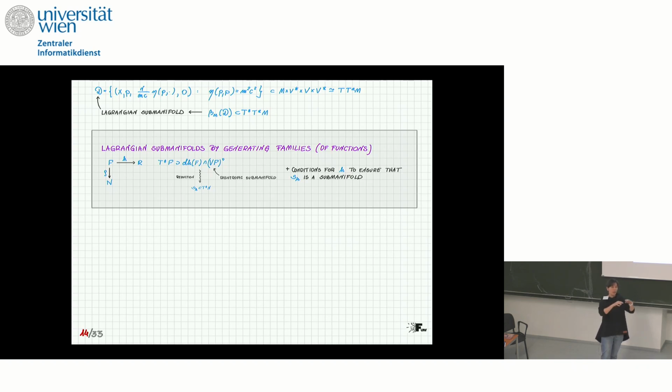So if we have one image of one form and the other image of the other form, and we want to generate this simultaneously, this is the way we can do it. Or things that go like that. This is the most general generating object for Lagrangian submanifolds that we can invent.